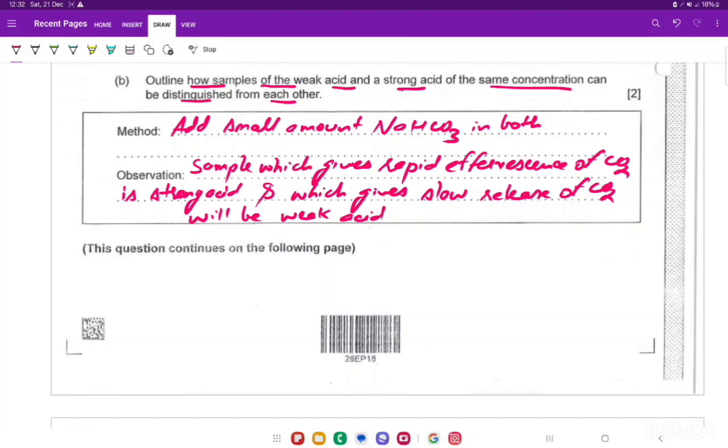Okay, so we can use the sodium bicarbonate test to identify the weak acid or strong acid.